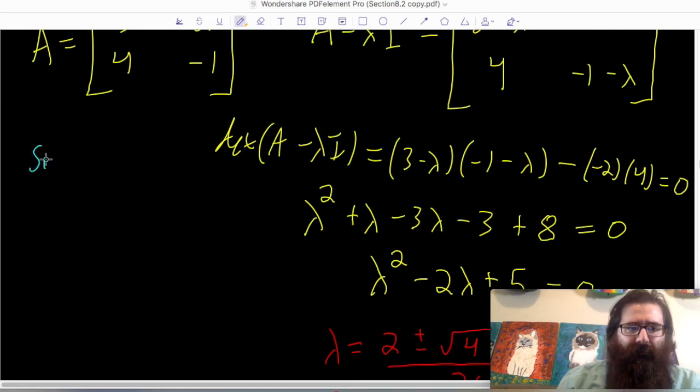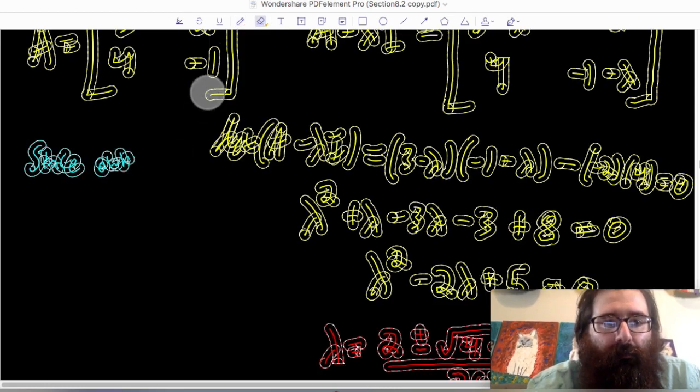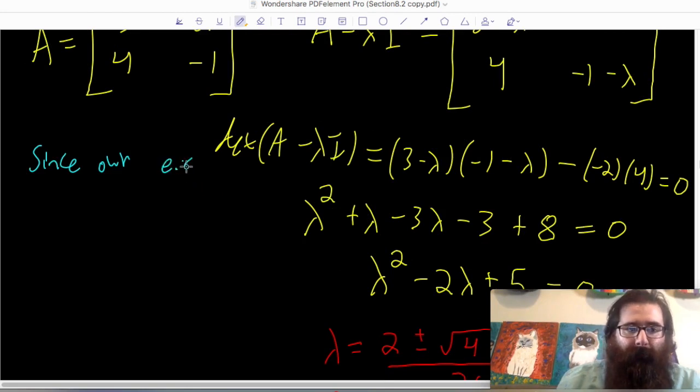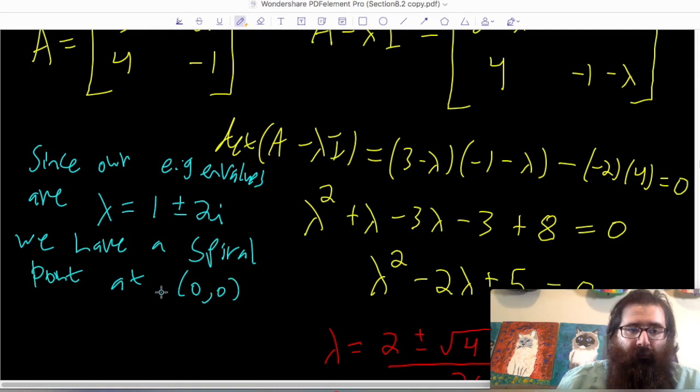So I'd say since our eigenvalues are lambda equals 1 plus or minus 2i, we have a spiral point at critical point 0, 0.